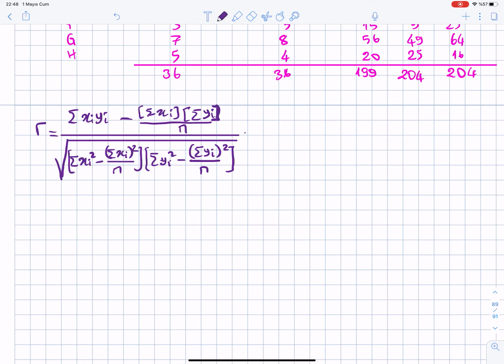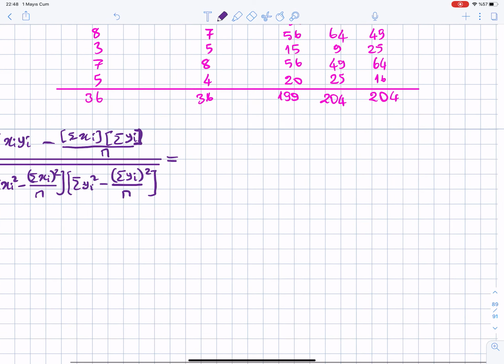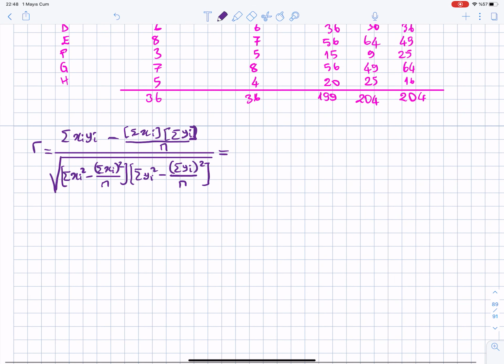Okay, let's substitute all these results into this formula, the Pearson correlation coefficient.